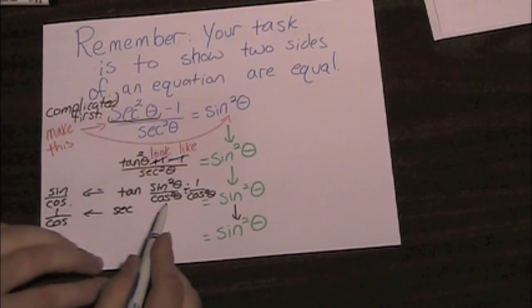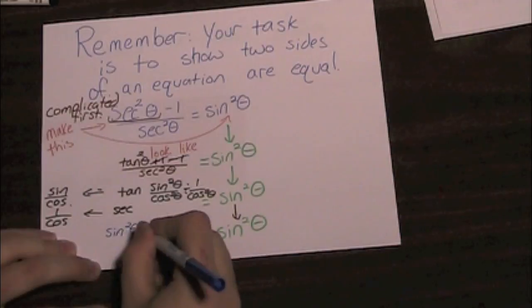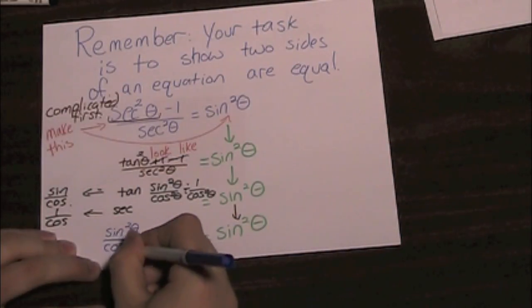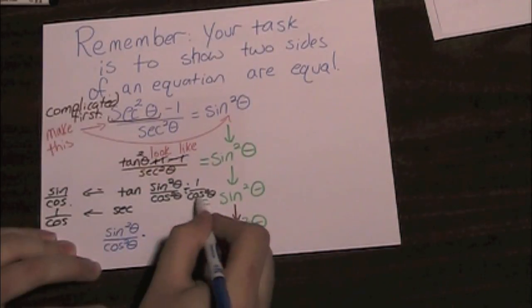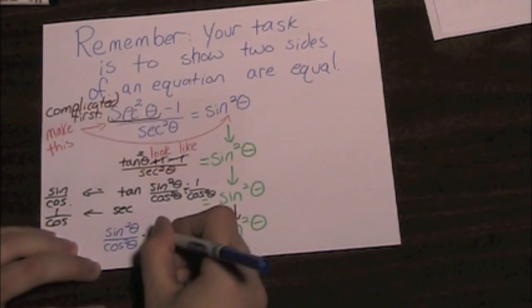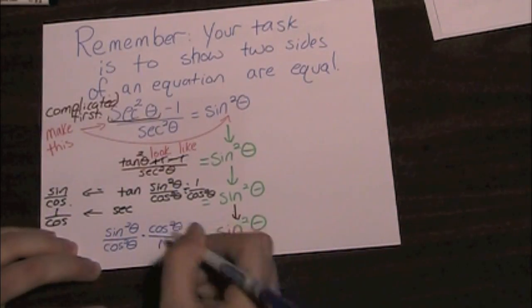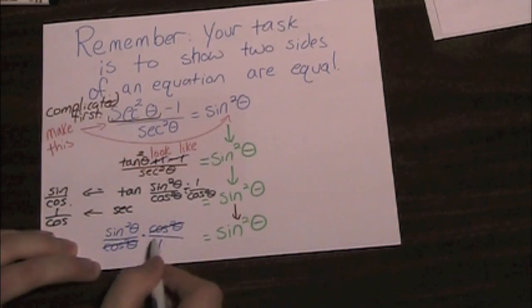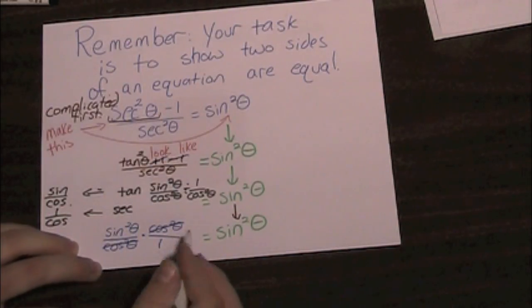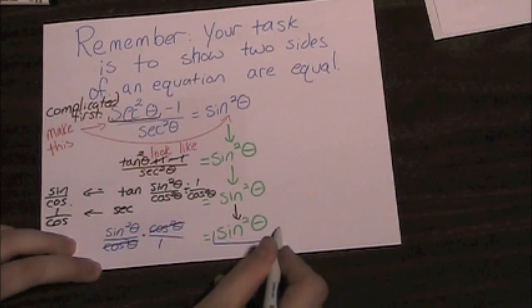I can convert this to a multiplication problem. Sine squared of theta over cosine squared of theta times, I take whatever I was dividing, I flip it. Cosine squared of theta divided by 1. We can cancel our cosine squareds of theta to 1 and realize that we're left with sine squared of theta.